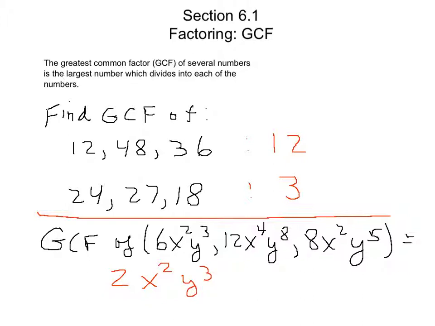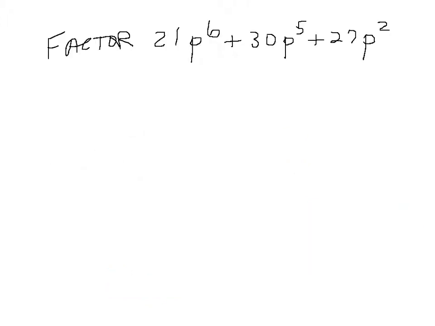is y cubed. Okay? So now let's talk about factoring. Here we go. We want to factor this trinomial. And when we're factoring, we always begin by trying to find the GCF. So the GCF of this is going to equal, take a second, think about it, 3p squared.